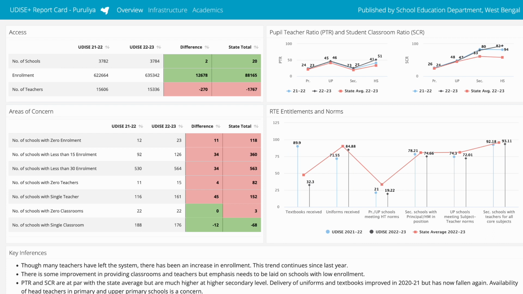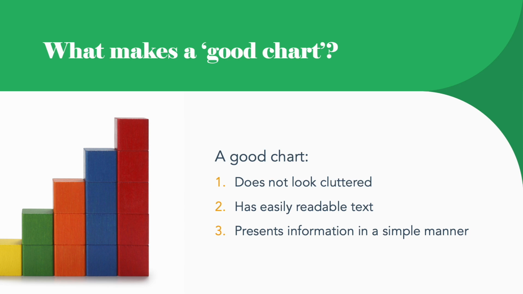So, moving on. What makes a good chart? Very simply, a good chart is simple. What does that mean? It means that a good chart does not look cluttered, it has easily readable text, and it presents information in a simple manner. The simpler your chart, the better it is.